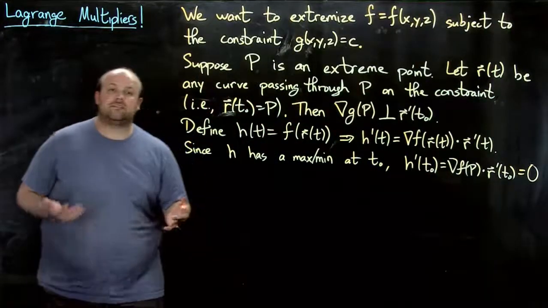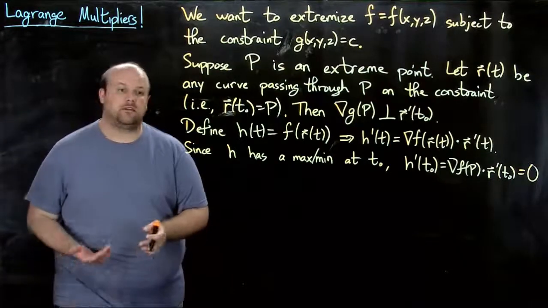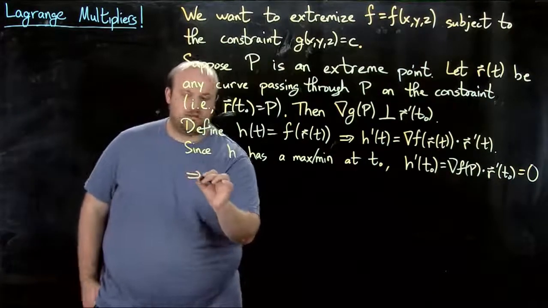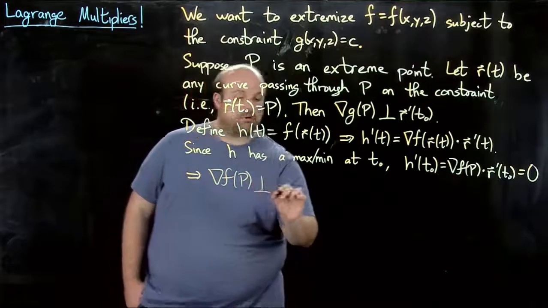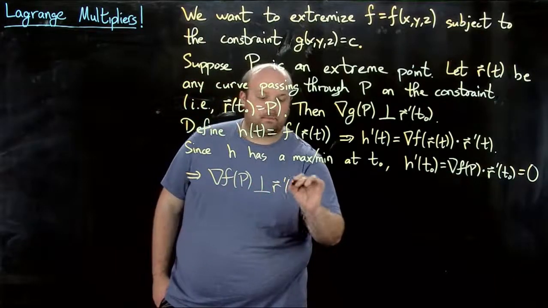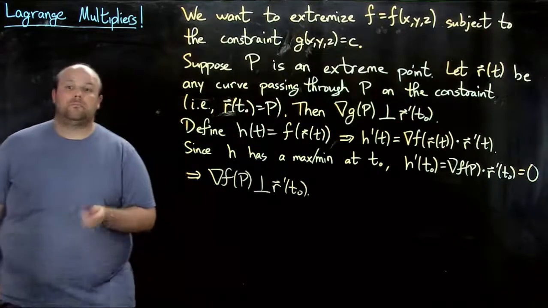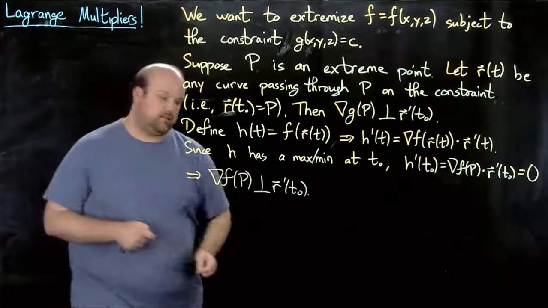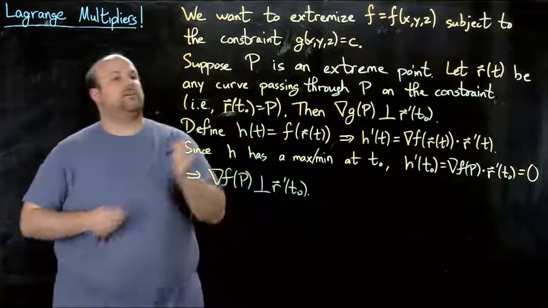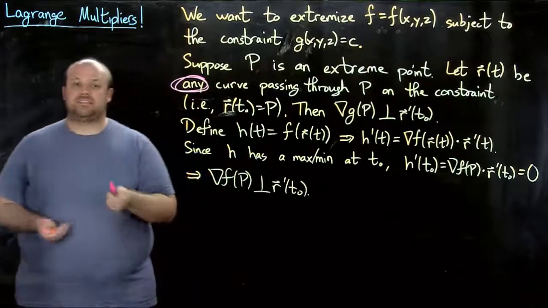But geometrically, what does that mean? We have a dot product of two vectors being 0, so the gradient of f at P is perpendicular to r prime at t naught. But here was that key word I mentioned earlier: this is any curve passing through that point.